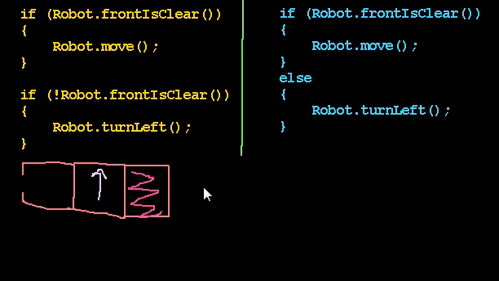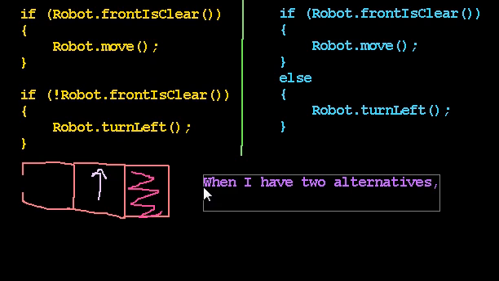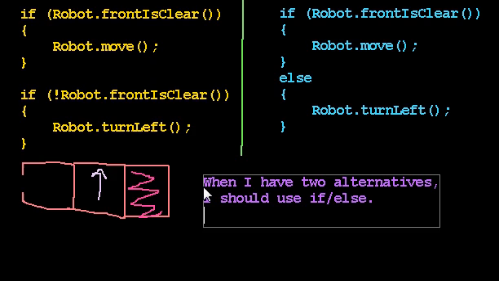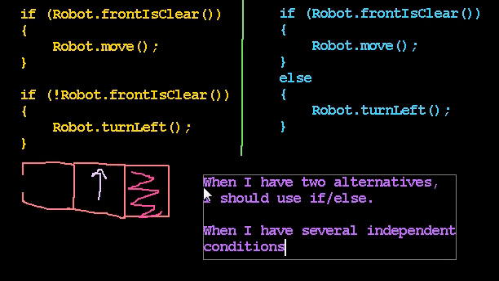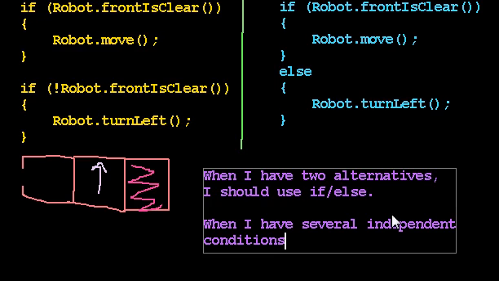So when I have two alternatives, I should use the if-else. When I have several independent conditions, and I might want to handle each of those things independently, and therefore I might want more than one if to fire, I might use multiple ifs.